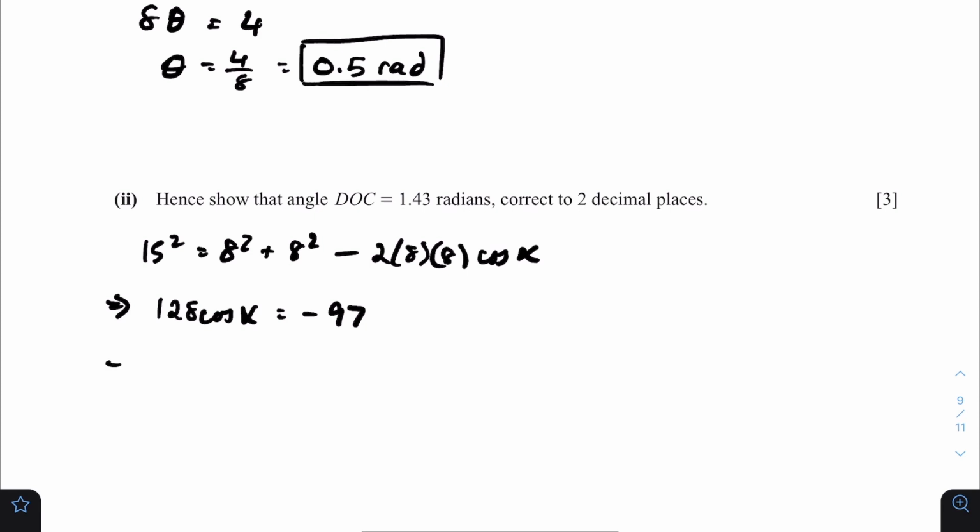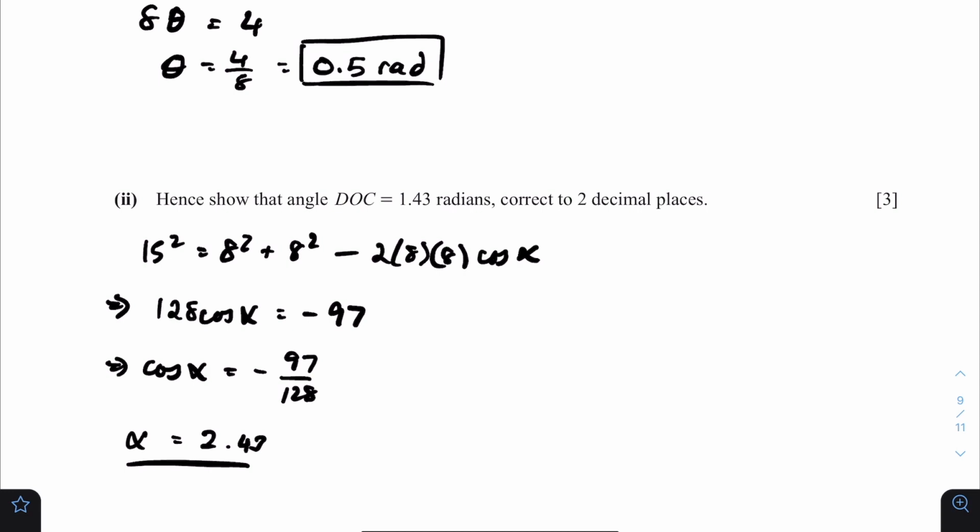So cos alpha is equal to negative 97 over 128, and alpha is equal to the inverse cosine of negative 97 divided by 128. So alpha is equal to 2.43 to 2 decimal places.